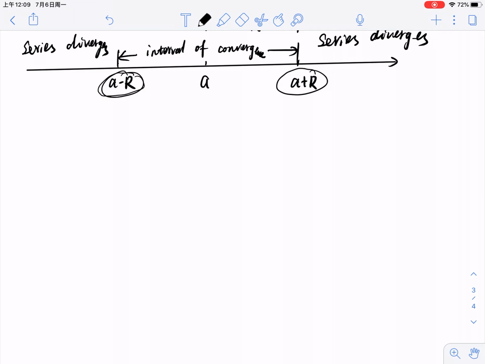To find the radius of convergence, we have a very useful test called the ratio test.